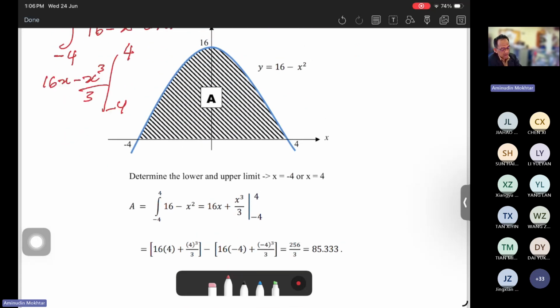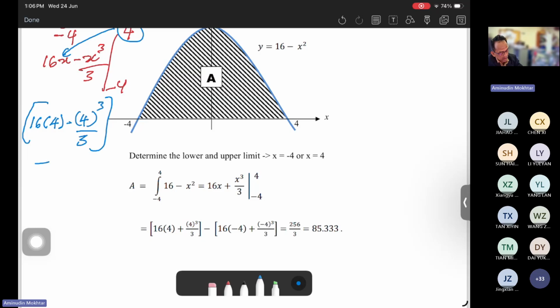That is the first step. The second step, we substitute x equal 4 into the equation: 16 times 4 minus 4 to the power of 3 divided by 3. This is the first part. And then the second part, we take minus.